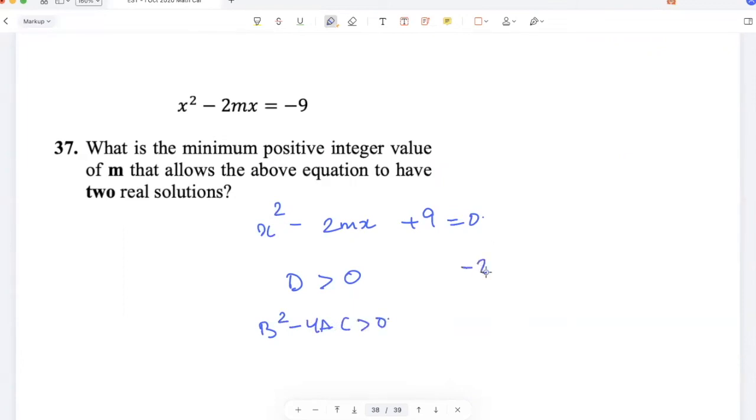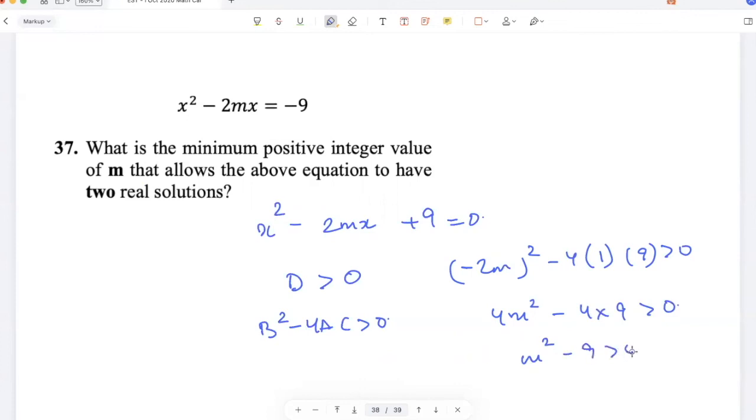So b is minus 2m, whole squared, minus 4 into a into c should be greater than 0. So 4m squared minus 4 into 9 should be greater than 0. So m squared minus 9 should be greater than 0. So (m plus 3) into (m minus 3) should be greater than 0. So m should be greater than 3 or m should be less than minus 3.